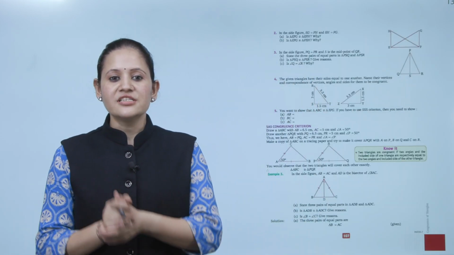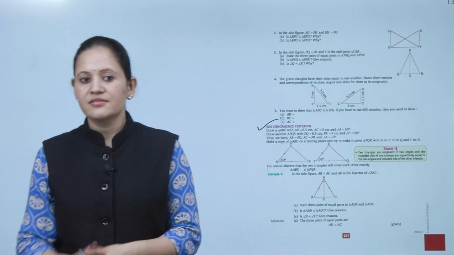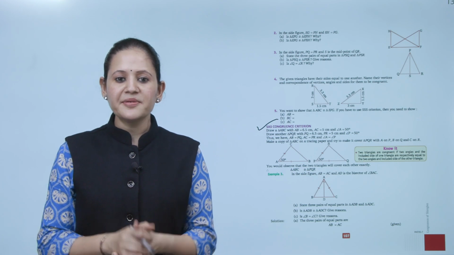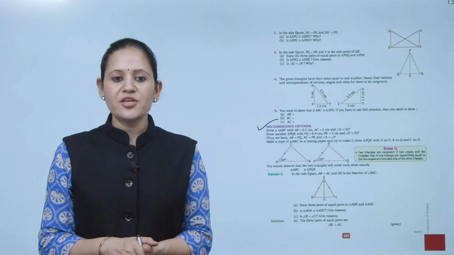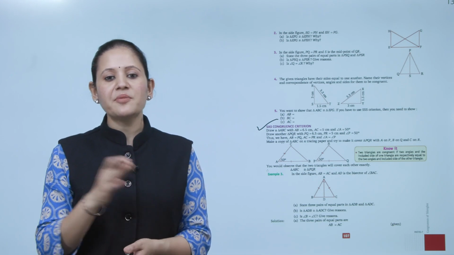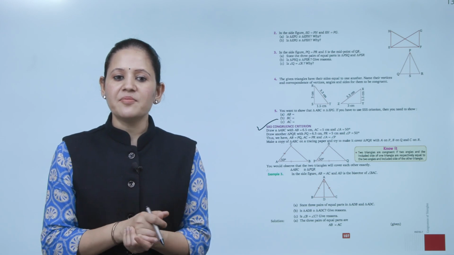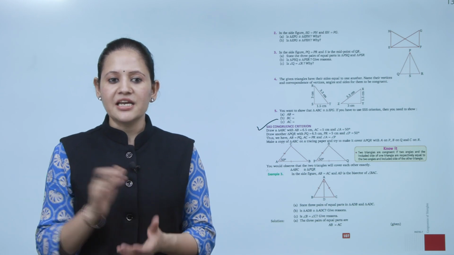SAS congruence criterion. Draw a triangle ABC with AB 6.5 cm, AC 5 cm, angle A 50 degrees. Draw another triangle PQR with PQ 6.5 cm, PR 5 cm and angle P 50 degrees. Thus we have AB equals PQ, AC equals PR, angles A and P are equal.